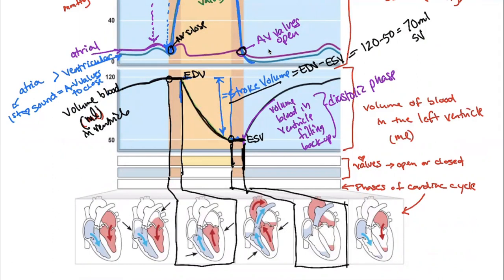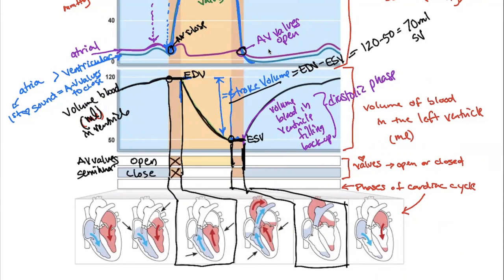And here's where we get into the heart valves and the phases of the cardiac cycle. So we could say these are AV valves, and these are semilunar. And here the AV valves are open, and the semilunar valves are closed. Here, they are all closed.